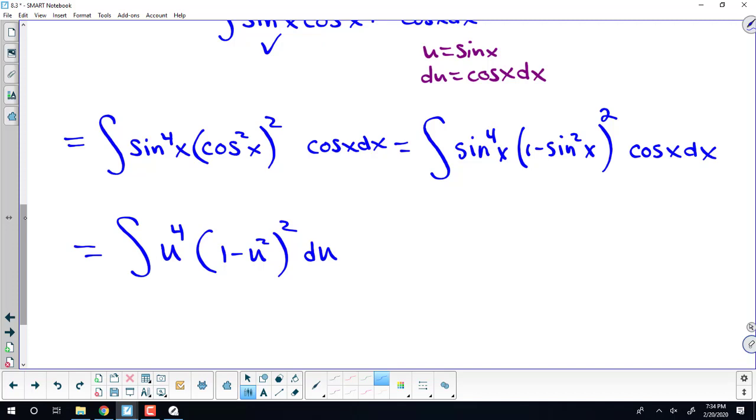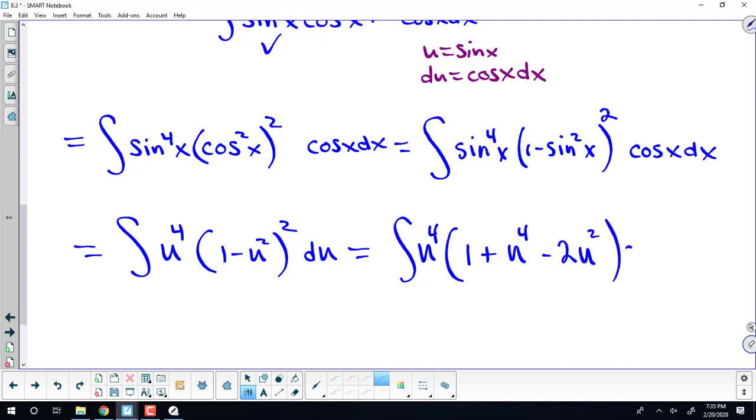So we've got a product of two functions of u. Maybe we could try integration by parts here, or we could just multiply these things out. So u to the fourth, and then just integrate powers of u, times 1 plus u to the fourth minus 2u squared du, and go about it that way as well.